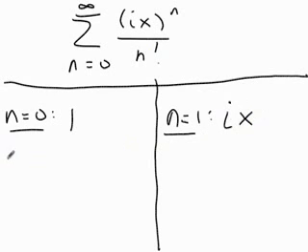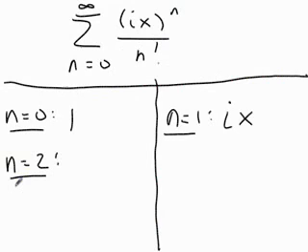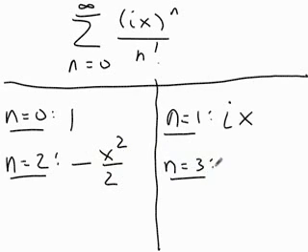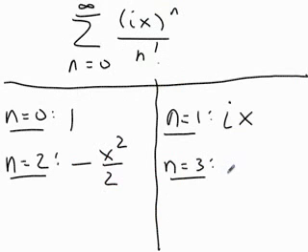Let's look at n equals 2. I've got i squared, which is the -1, x squared over 2 factorial. I'm going to write that as minus x squared over 2. Substitute n equals 3, I get i cubed, which is the opposite of i, times x cubed over 3 factorial, which I'll write as the opposite of i, x cubed over 6.